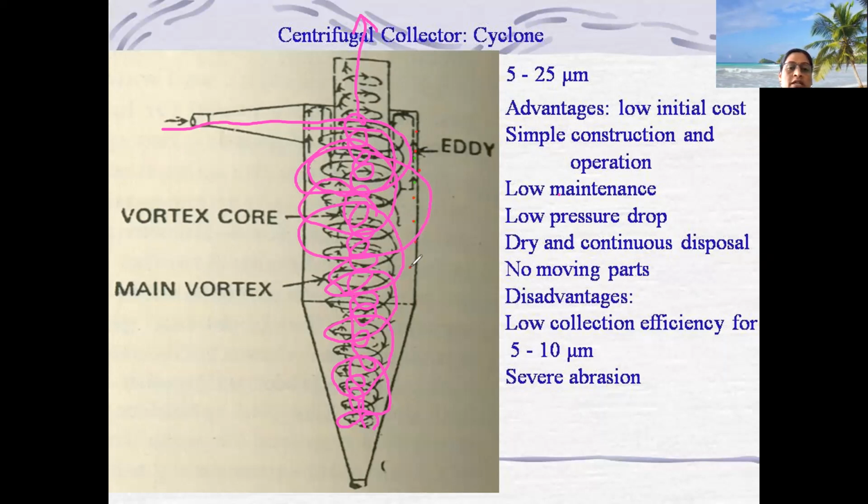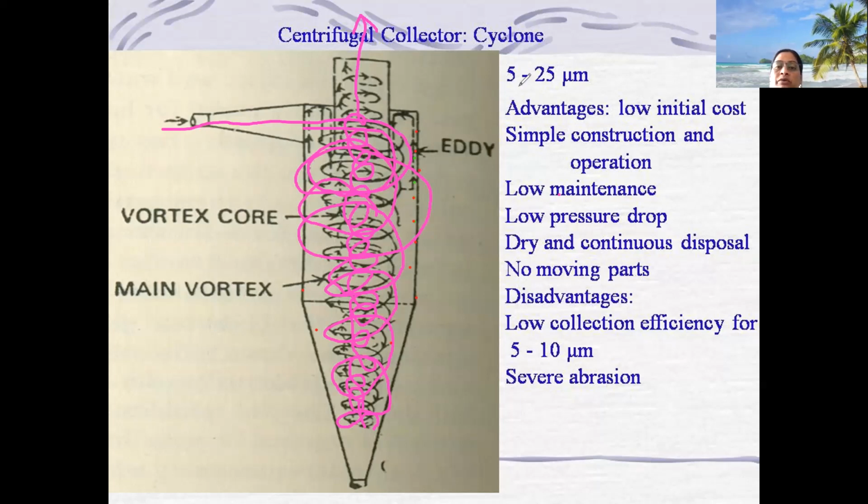Because of this phenomenon, the particulate matter starts getting separated. Because the particulate matter is separated by striking the inner wall of the cyclone separator, the gases become free from the particulate matter.